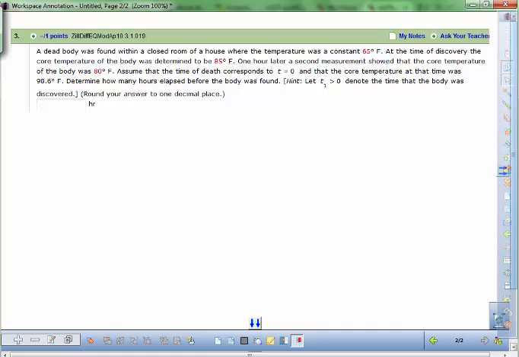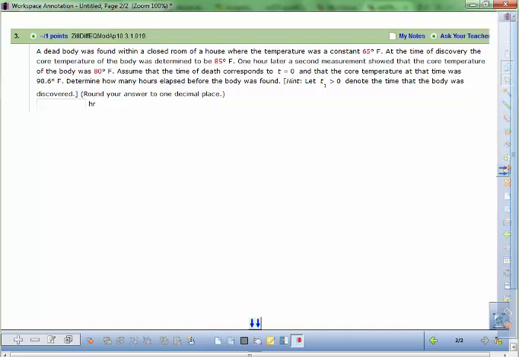At the time of discovery, the core temperature of the body was determined to be 85 degrees. And then an hour later, a second measurement showed the core temperature was 80. Assume the time of death corresponds to t equals 0, and the core temperature at that time was our usual 98.6 degrees. Determine how many hours elapsed before the body was found.